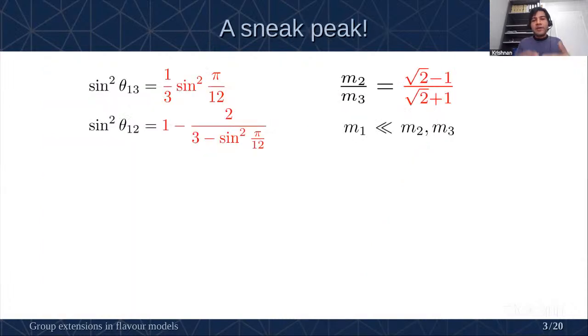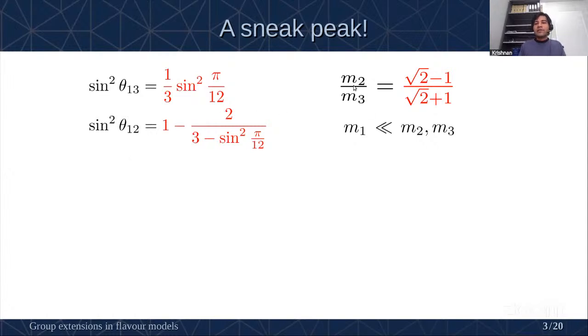And before going to the structure of the talk, I am taking a lot of time introducing things, my apologies, but let me give you a sneak peek here. The values that you're seeing here, for example on the left, this is something called the reactor mixing angle. You can measure this number from neutrino experiments. And the second one is called the solar mixing angle. You can measure that also.